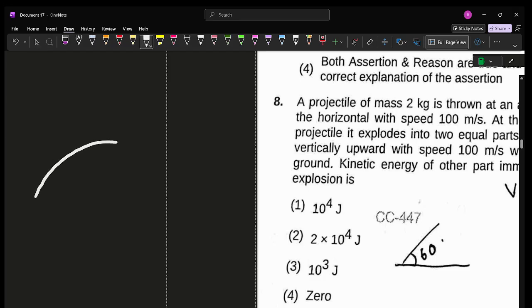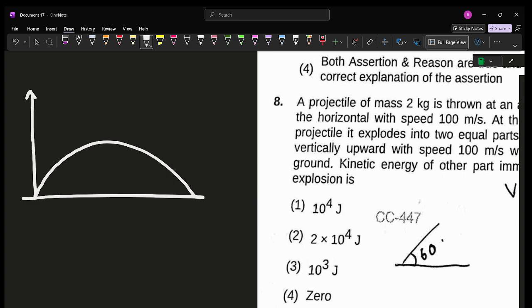So let's see, it's going like this. Oh, that was a nice parabola. Projectile, sorry. At its highest point, let's say, this is the highest point of the projectile. It splits into two. It's already going initially with 100 meters per second.